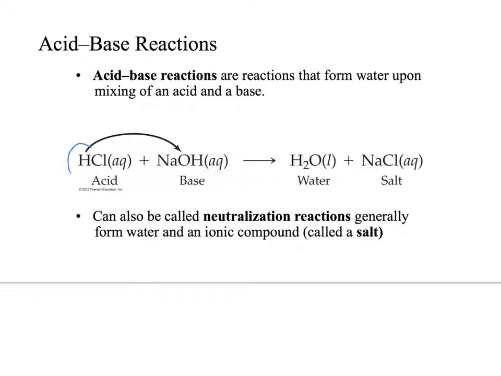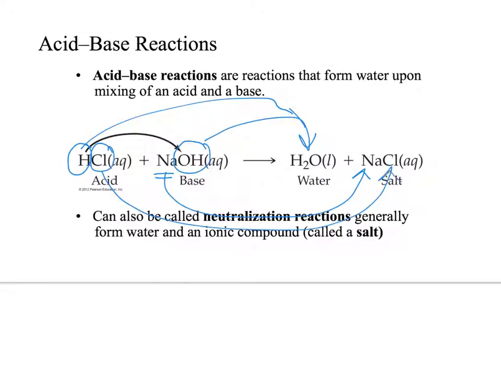So you can see that the hydrogen from the acid and the hydroxide from the base combine to make water, and then the metal from the base and the non-metal from the acid combine to create the salt for the product.